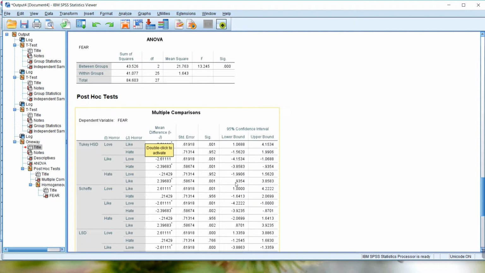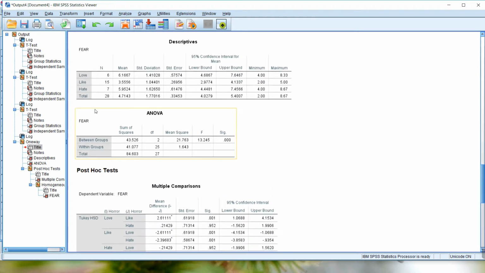All right, so that means that like and hate, if we scroll up, these 2 here, if you hate horror movies, you are going to likely report significantly more fear than if you like horror movies, right? So people who love or men, I should say, men who love and hate horror movies are the ones who report more fear than those who just like them.